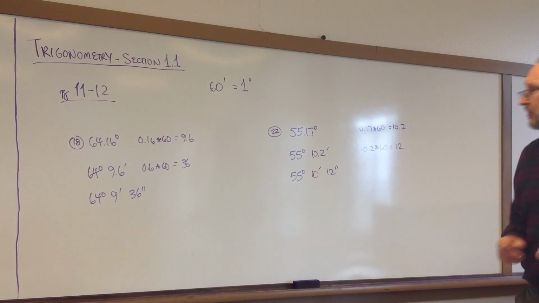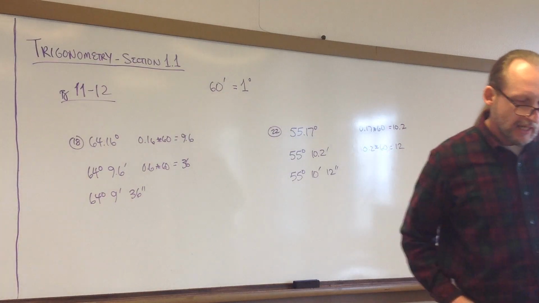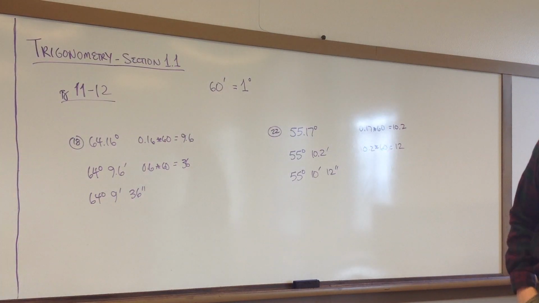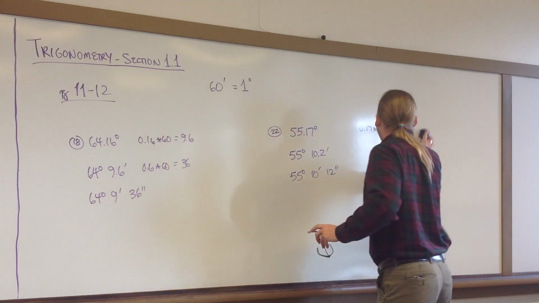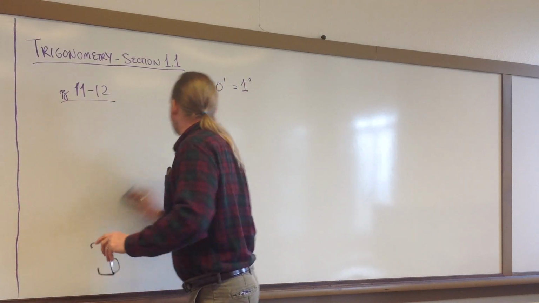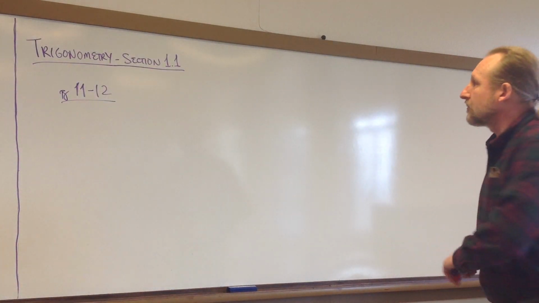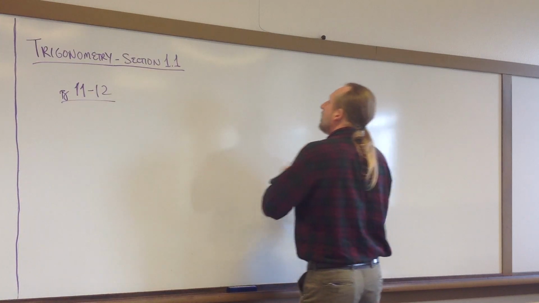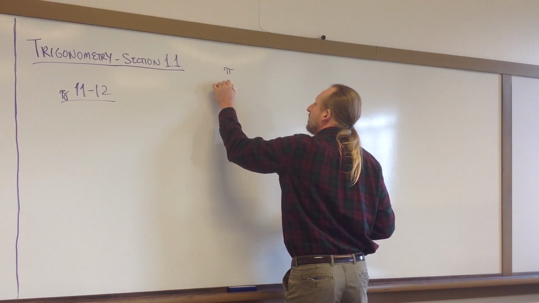Okay, well I think that's good enough for this section. Now let's move on and look at radians and degrees. So the fundamental conversion for these problems is going to be that pi radians.